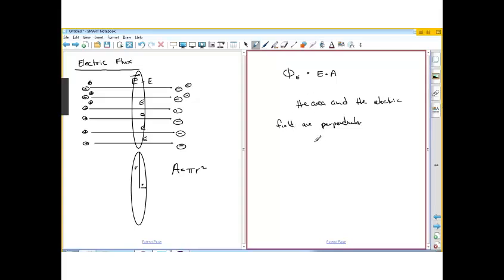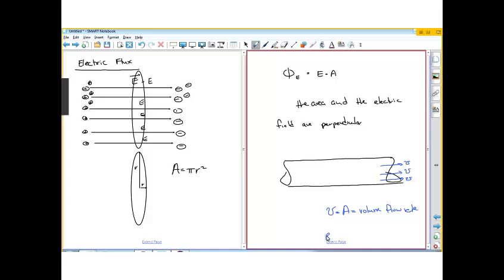One analogy is if you have a pipe. Here's a pipe, and those are the ends of the pipe. And you have some fluid flowing through there. You don't see arrows going through there, but these represent the velocity of the fluid. If we take that velocity, which is equivalent to the electric field, and multiply by the area, that gives us what we would call a volume flow rate.